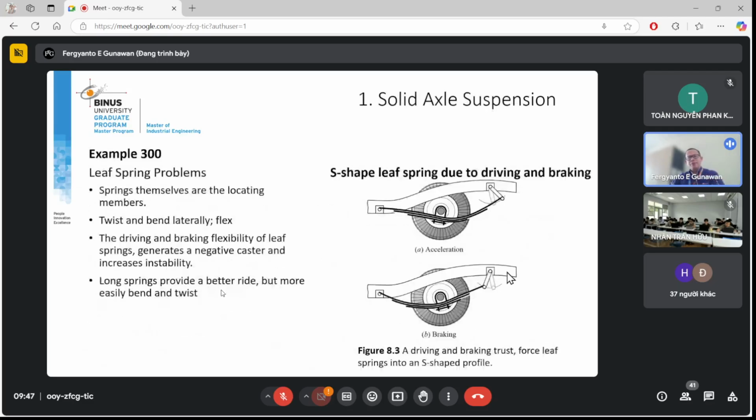And clearly this phenomenon is hard to control, right? So the tire not only moves in the vertical direction, but also in the horizontal direction due to this S-shaped deformation, right? Okay, so that is a difficult issue.